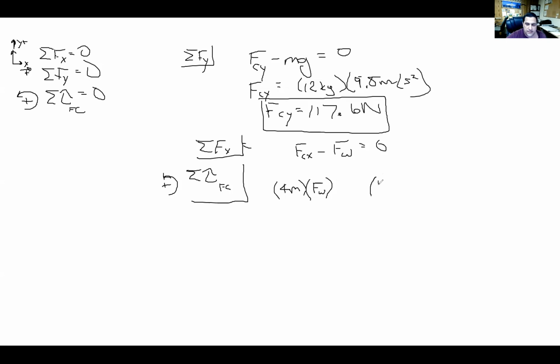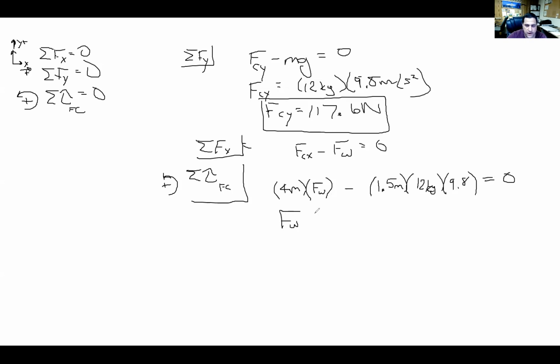The weight of the ladder itself is the 1.5 meters over, because this is a 3, 4, 5 triangle. The weight of the ladder is mass of the ladder times gravity. Now, the FC is going to create a clockwise rotation, so that sign has to be negative, is equal to 0.